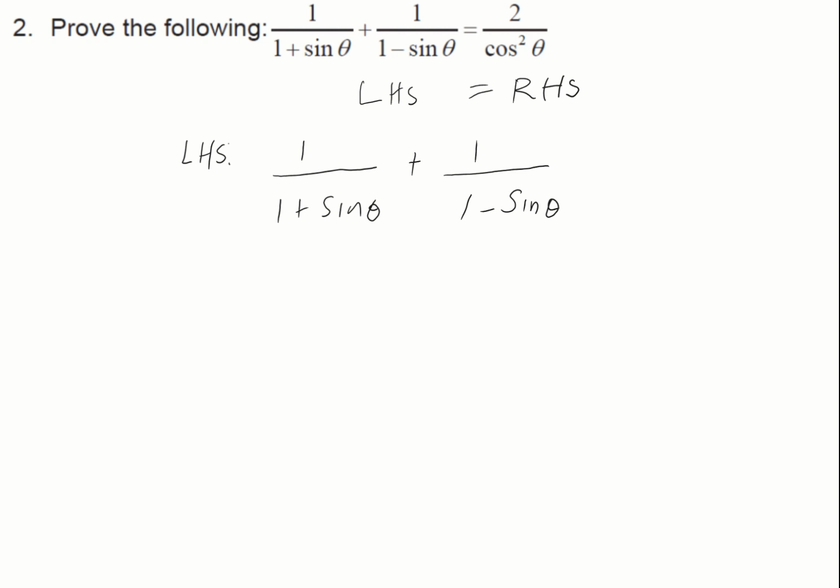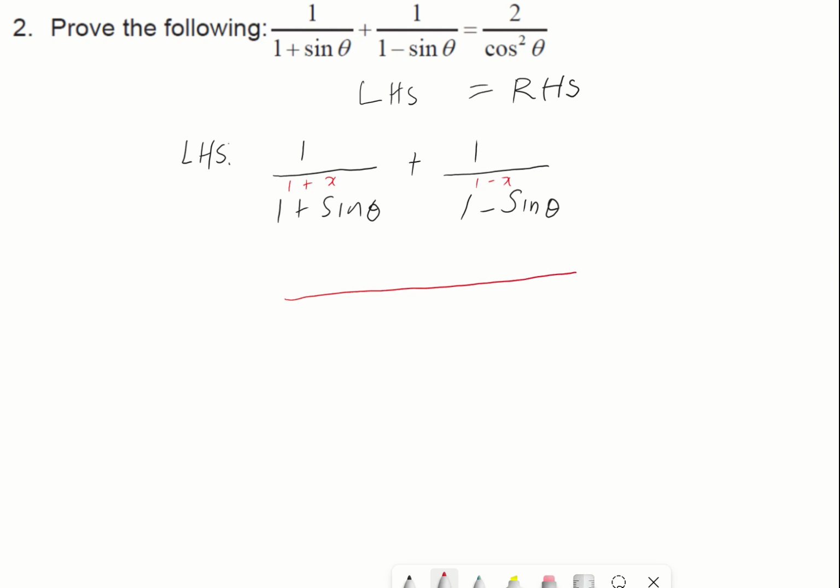Right, so now when you look at the denominators, you can look at them as if they are algebraic expressions. So this can be looked at as 1 plus x and this one is 1 minus x.